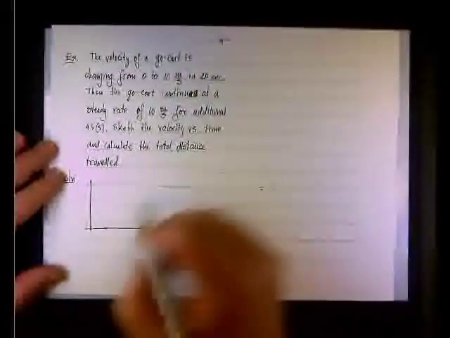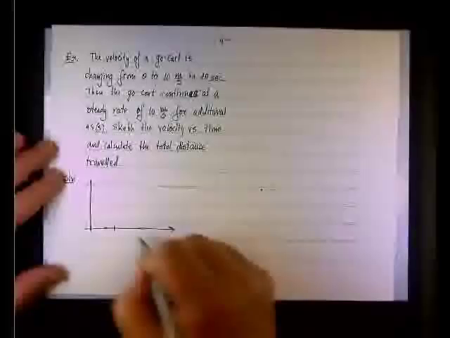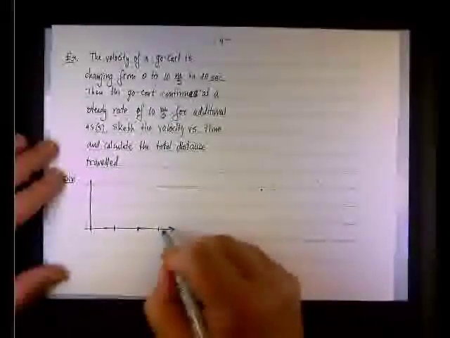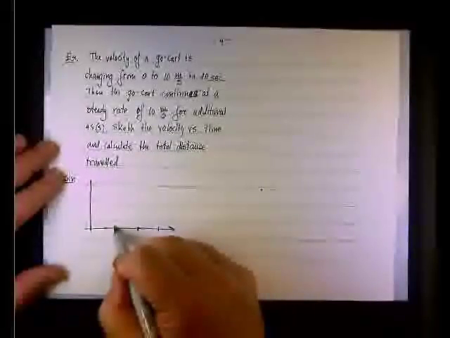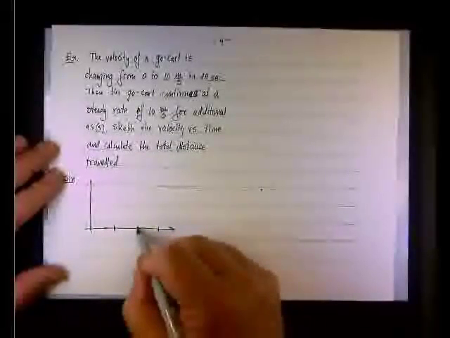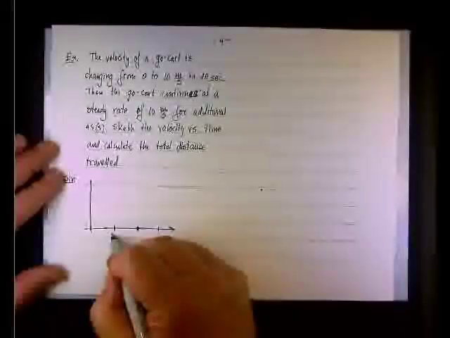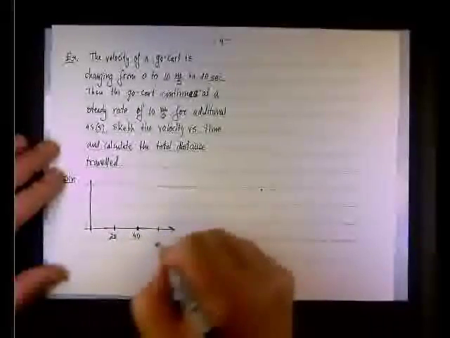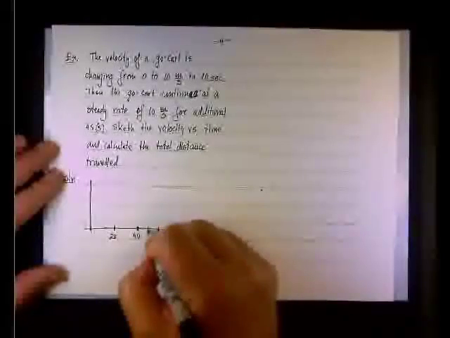So we have a total of the first 20 seconds, then 45 after the 20, so this gives us 65. So let's say this is 20, 40, and 60.